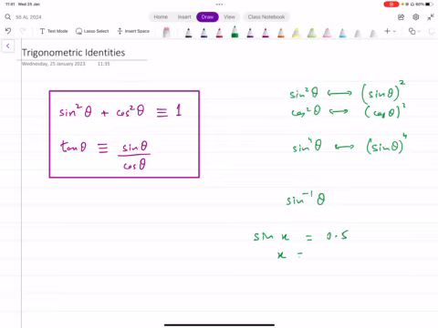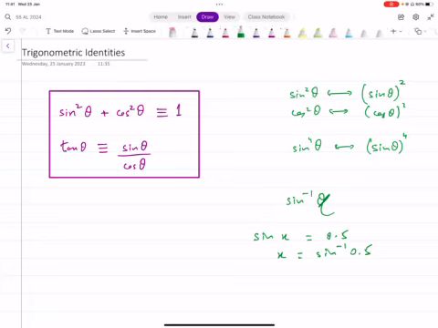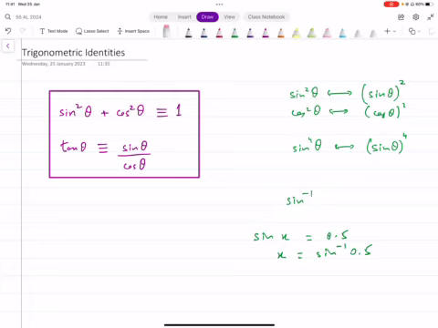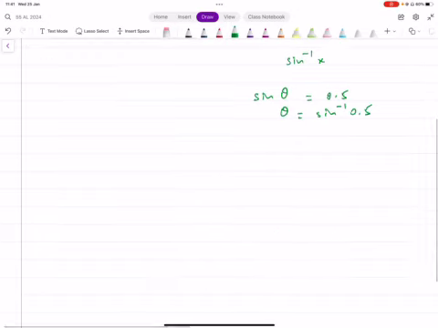If you have to find the value of x, you do sine inverse of 0.5. I should not use theta here, actually. It should be x, and let's write this as theta. So if sine theta equals 0.5, then theta equals sine inverse of 0.5, right?